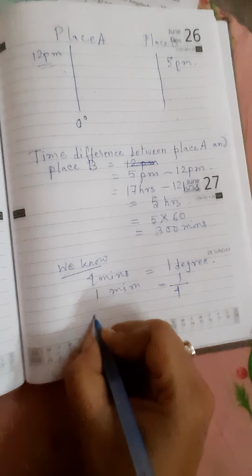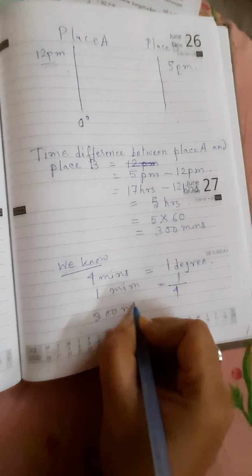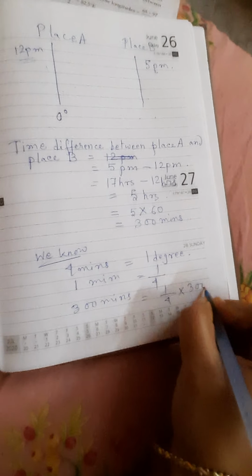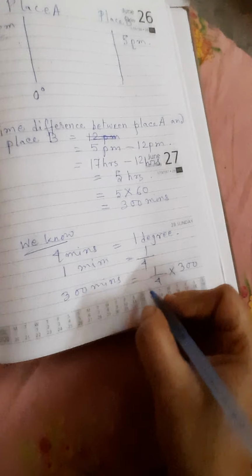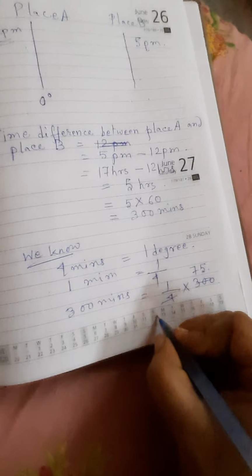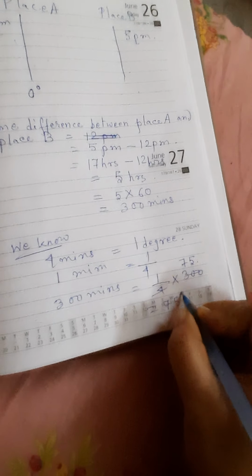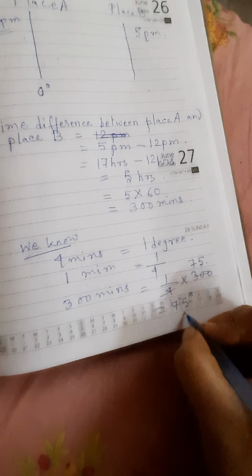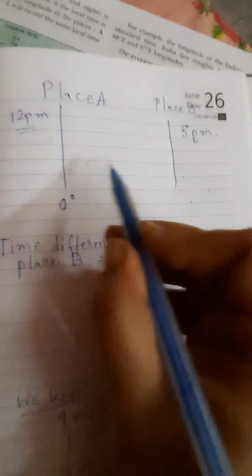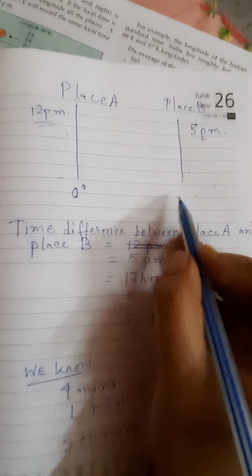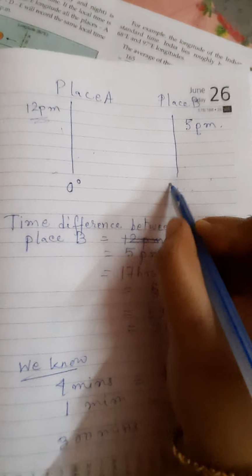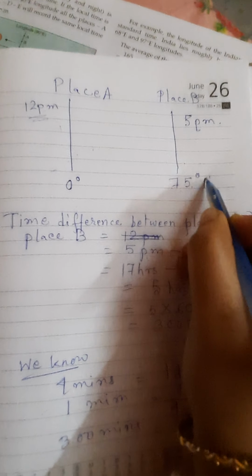Then 300 minutes means how much? 300 minutes means 1 by 4 into 300. Now calculate it, divide it. 4 7s are 28, 4 5s are 20. That is 75 degrees. Now I said it will be east. Why is it east? Because 5 p.m. is ahead of 12 p.m. That means the time is ahead of 0 degree, means it is in the east. So the answer is 75 degrees east.